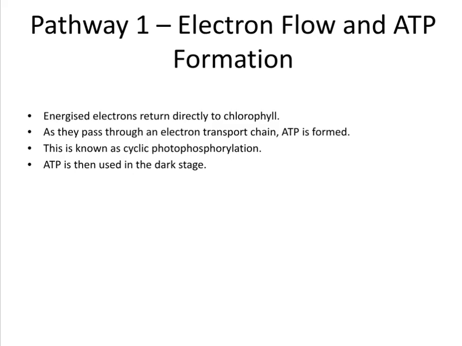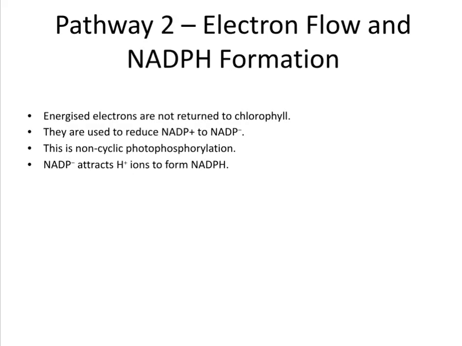This is known as cyclic photophosphorylation. ATP is then used in the dark stage.